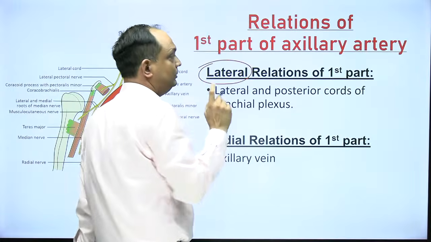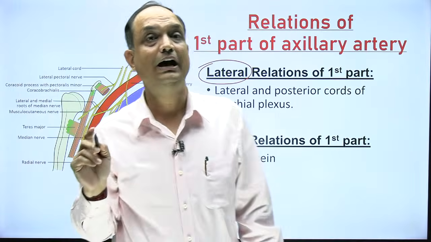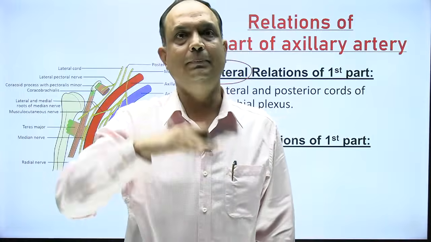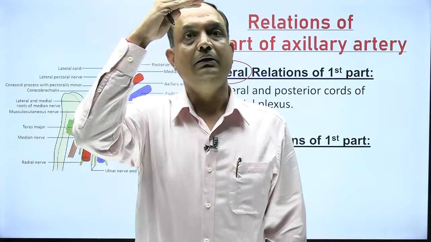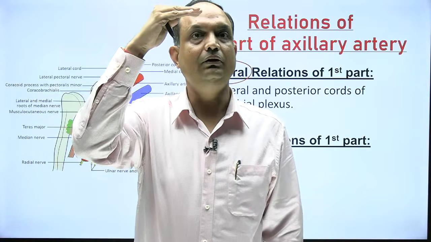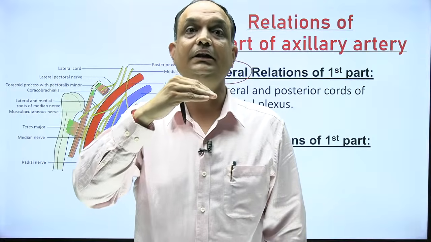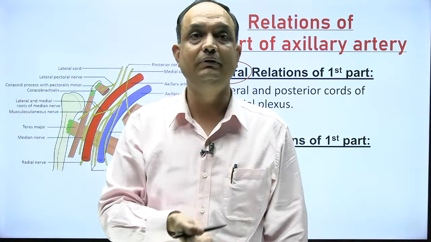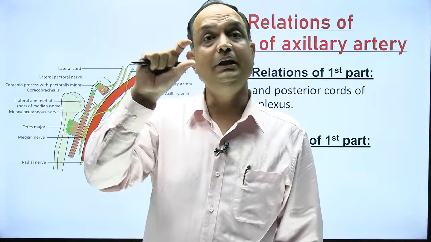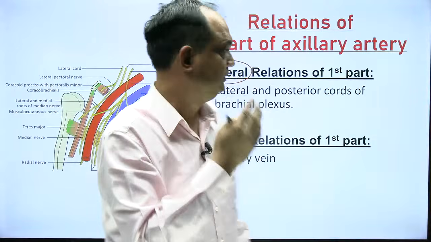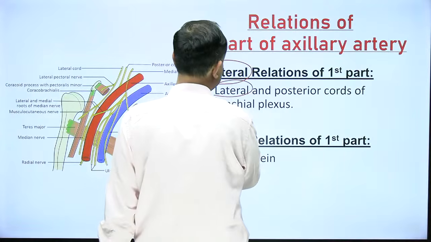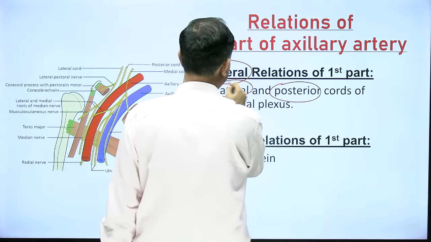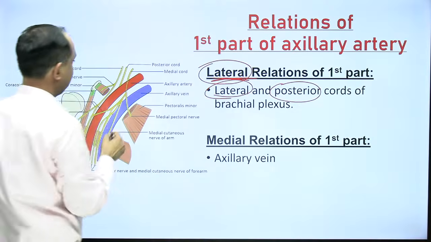Now on the lateral side, you have to understand that from above downward, there are three cords: the lateral cord, the posterior cord, and the medial cord. The medial cord takes the posterior relation, then gradually it will come medially. But the remaining two cords are outside. So the lateral cord is lateral and the posterior cord is also lateral, which you can see here.